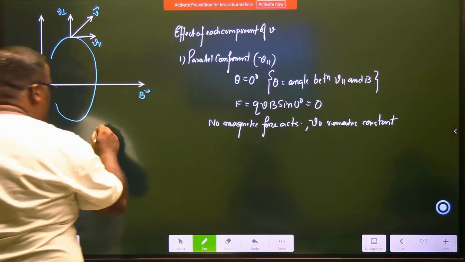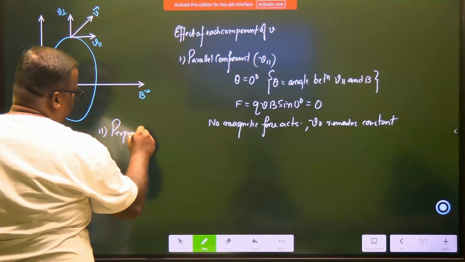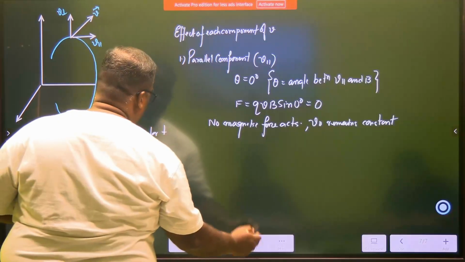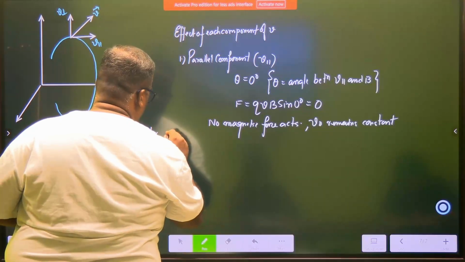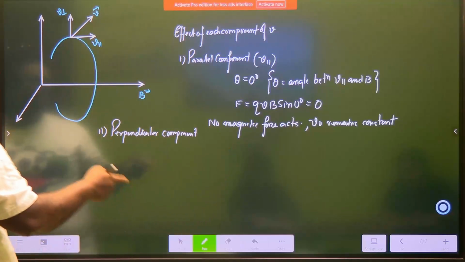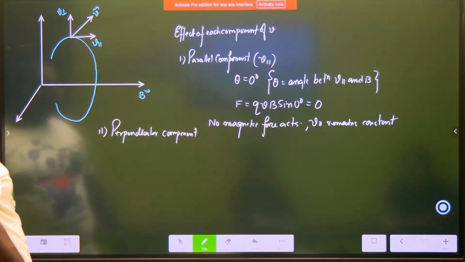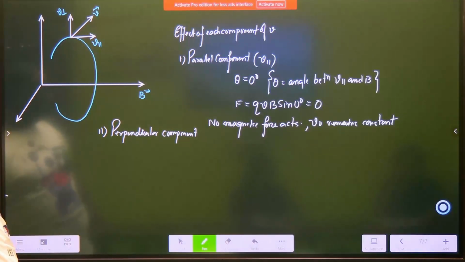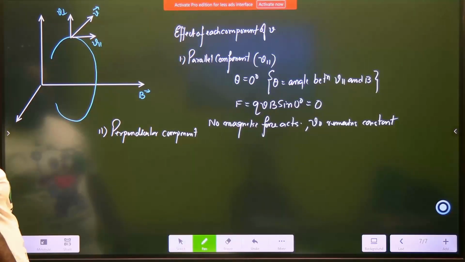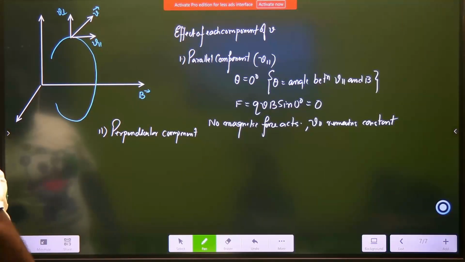Let's see what is happening with the perpendicular component. This is a unique topic in this chapter. The formulas you are finding here are specific to this cyclotron topic; otherwise, other formulas are for the chapter, like QVB, ILB, but this topic's radius equal to MV by QB and the frequency are very particular to this.